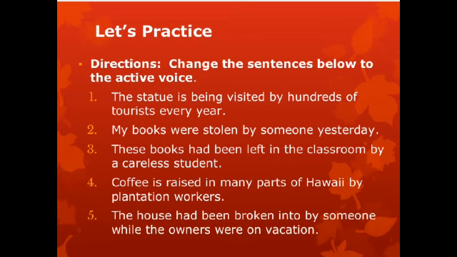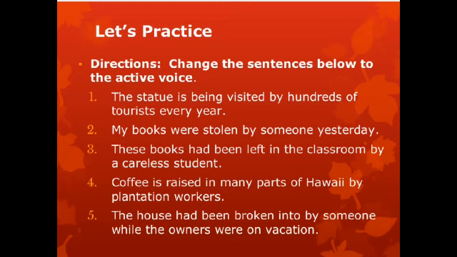Next, my books were stolen by someone yesterday. One point you have to look at here is, whenever you have words like someone or somebody, when you are changing a passive voice sentence, you can omit that particular word.